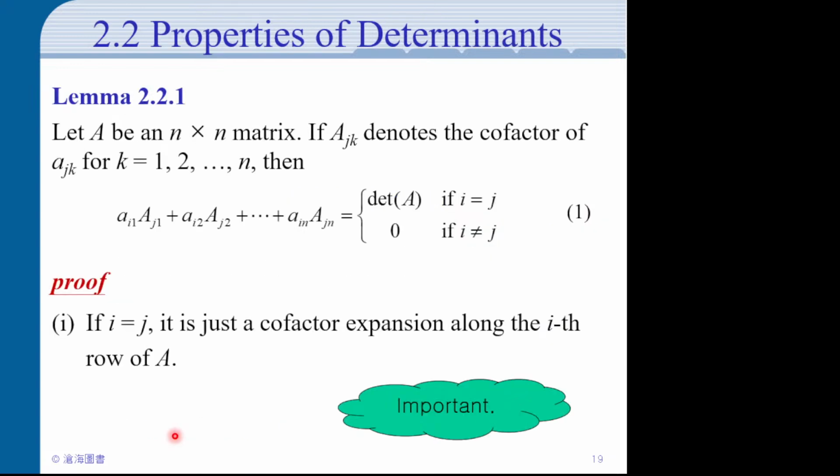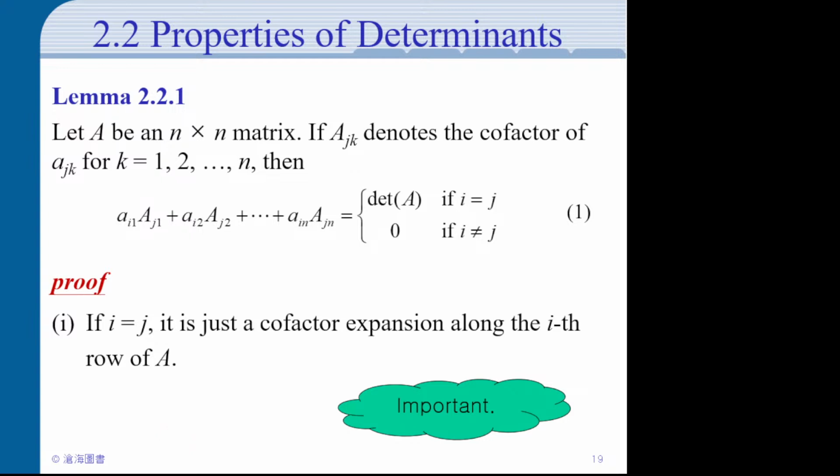So let's go to the next section, 2.2, more properties of the determinant, and we start with this quite technical lemma. We want to say something really funny. We think about this thing. It looks really like the determinant, but it's not.